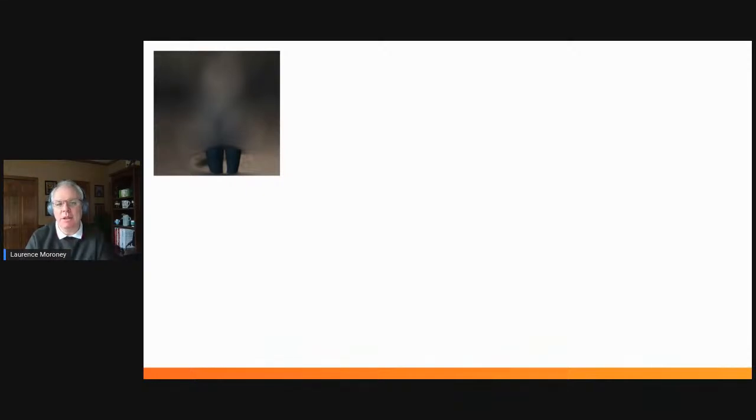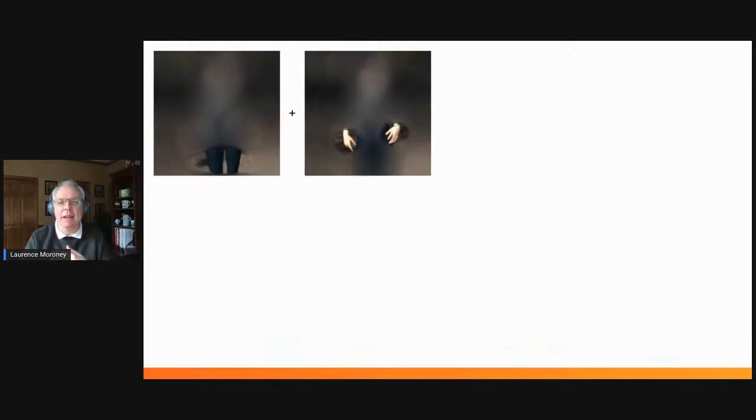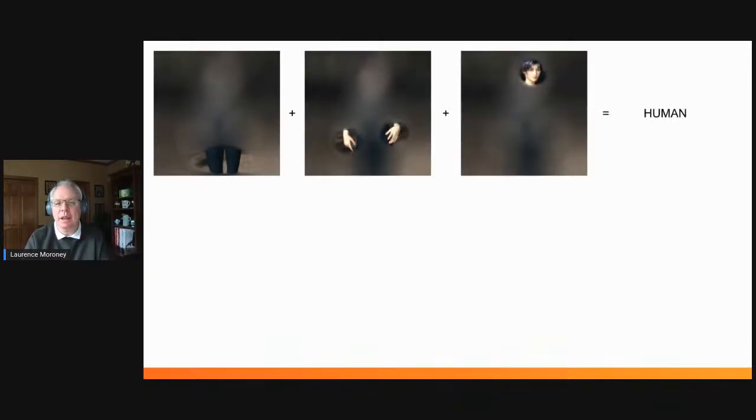So now, if I applied these filters to the image, I get legs, and I get hands, and I get a face. And if I've already labeled the image that works with these filters as being a human, then the computer can learn that when it detects these 3 features using filters, what it sees in that image is actually a human. So again, it's the same kind of pattern matching.